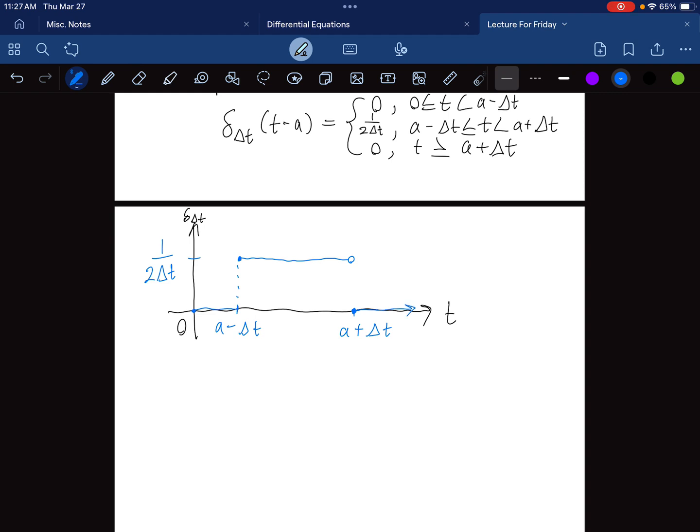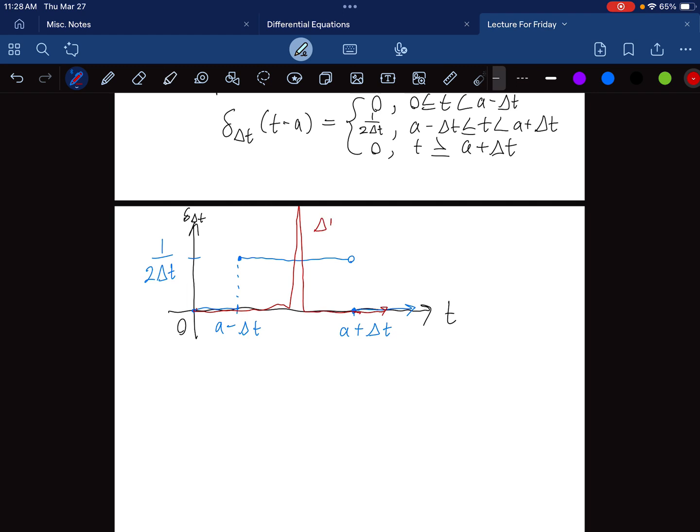And so what's going to happen when we take this difference in t to be really, really small is that this function is going to get narrower and narrower, up to the point where we can basically write this delta of t as pretty much going off to infinity and then coming back down.